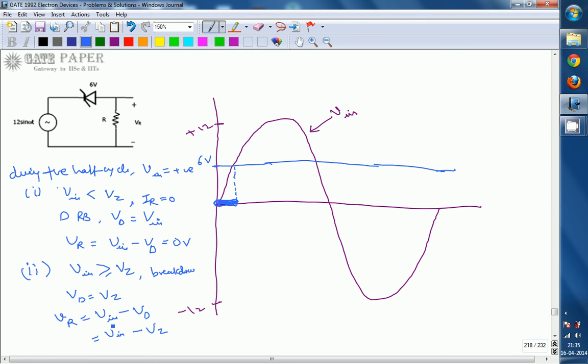It will start like this, and as the input voltage increases, the voltage across the resistor increases, because it was constant till this point.